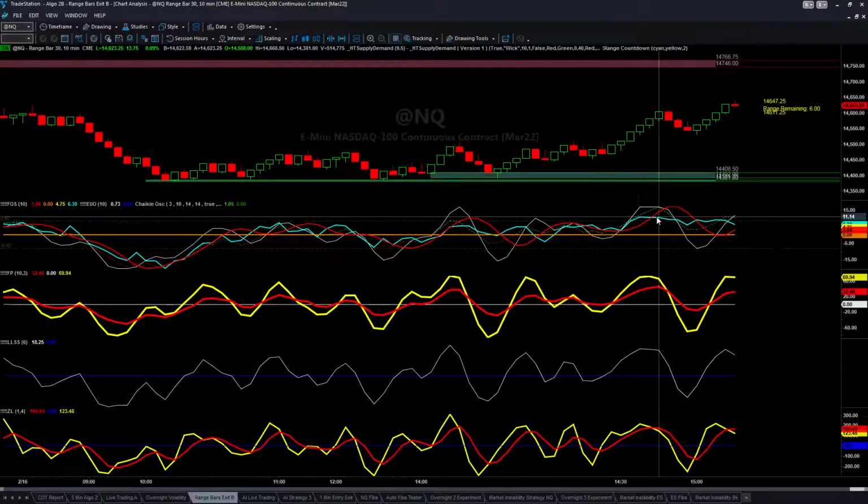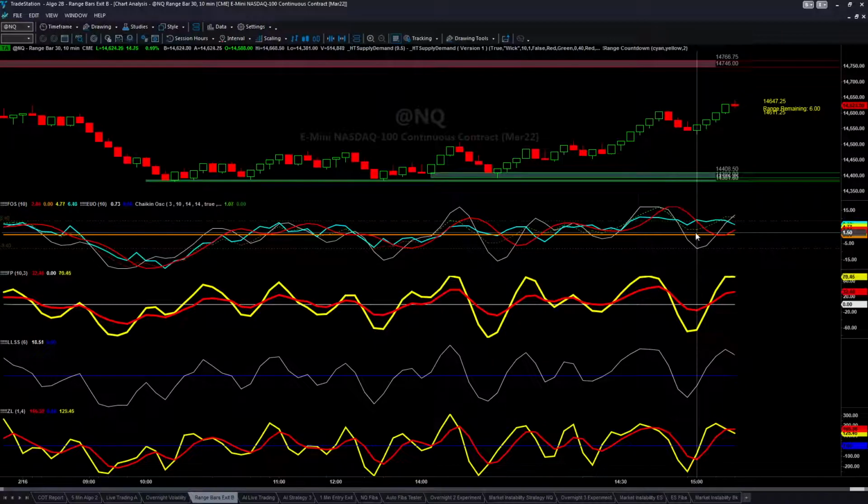Look. See that? Pow. As soon as it crossed, that was the last bar before it just went down, and right there just went up again. See that? I've still got a little bit to go right there before I pull the trigger on that.